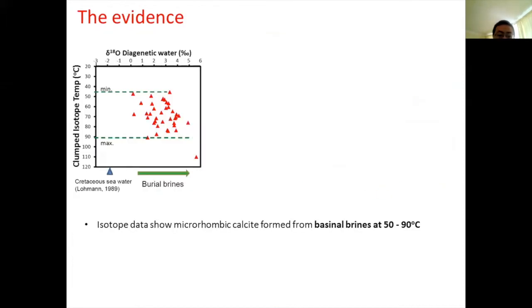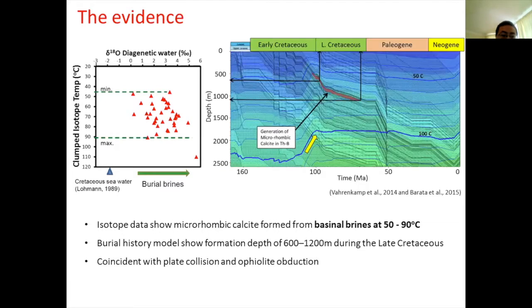Isotope data show that microrhombic calcite formed from basinal brine at 15 to 19 degrees C. The burial history model shows that this formation happened at depths of 600 to 1200 meters during the late Cretaceous, which coincided with the plate collision and ophiolite obduction.